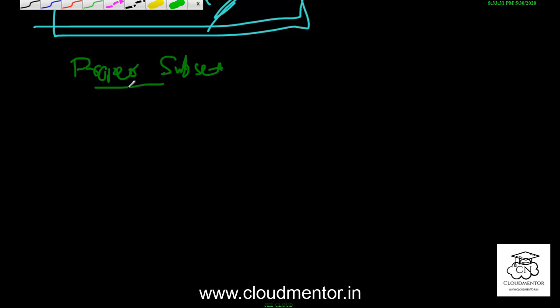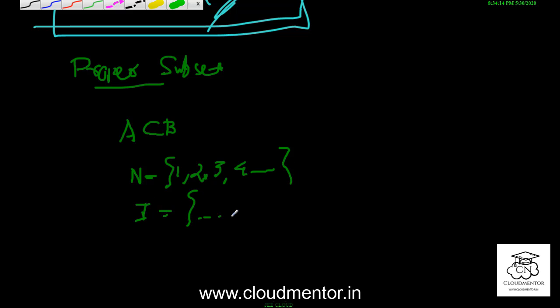If each element of A is in set B, but set B has at least one element which is not in A, then set A is known as a proper subset of set B. And if A is a proper subset of B, then it is written as A ⊂ B, with no line under the symbol, and read as A is a proper subset of B. For example, if N = {1, 2, 3, 4, ...} and I = {..., -3, -2, -1, 0, 1, 2, 3, ...}, then we can write N is a proper subset of I.